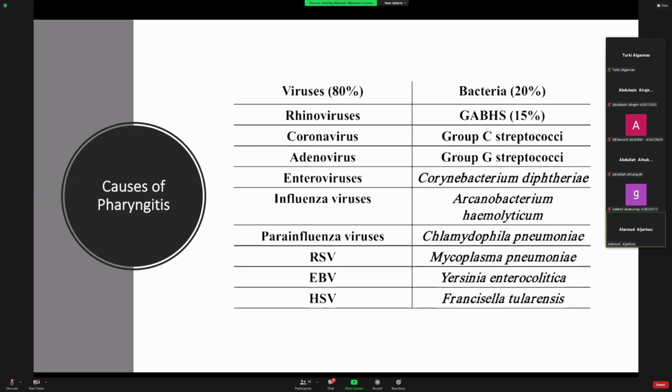There are other types of strep, Group C and Group G, but Group A is the commonest cause of bacterial pharyngitis. Also Yersinia, Mycoplasma, Francisella, but the most common is Group A, and the most targeted therapy with antibiotic is for Group A.